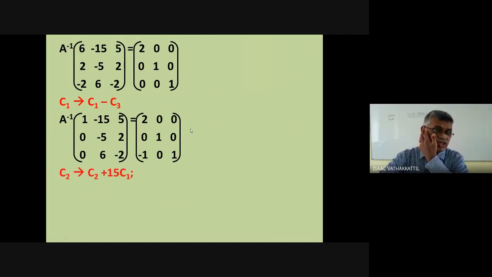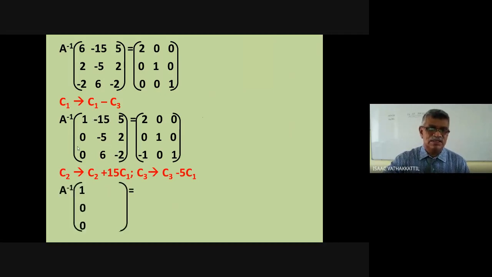So C2 changes to C2 plus 15 C1, and C3 changes to C3 minus 5 C1. C2 plus 15 C1 is very simple, it is going to be 0, the other elements no change. Here again the other one 0, 2 minus 2 no change.